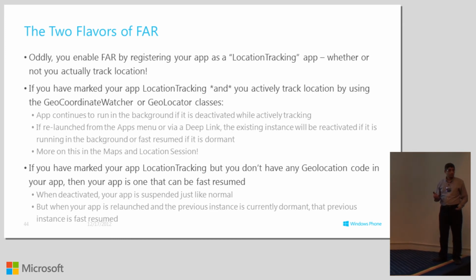What this allows you to do, and this goes back to your question, is if you have a tracker which is tracking your geo coordinates and you enable it as a fast resume application, it's going to continue to run in the background. Okay? So it's going to continue to monitor your location and it's going to continue consuming resources.